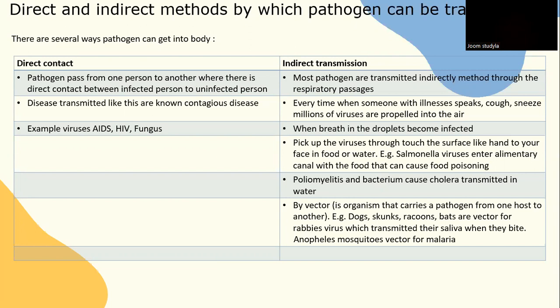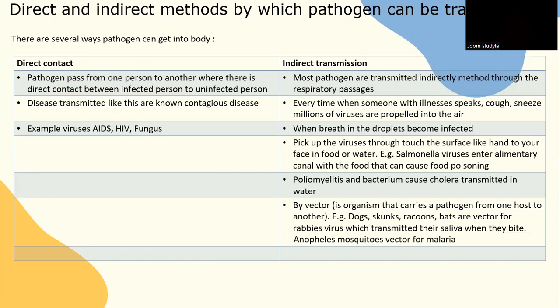Diseases transmitted like this are known as contagious diseases. For example, viruses can be transmitted through direct contact, like HIV and AIDS, and so can fungi.